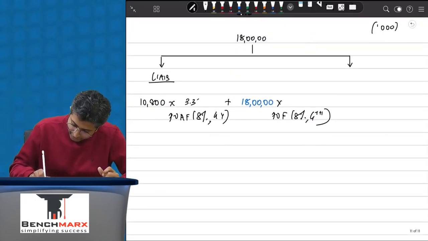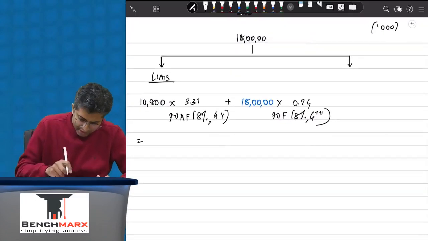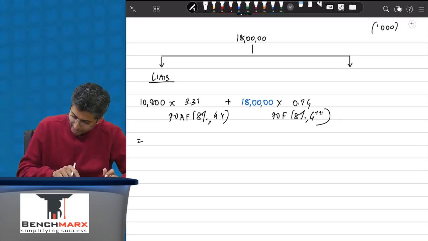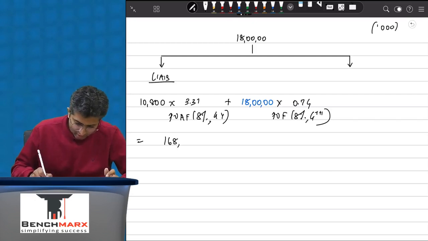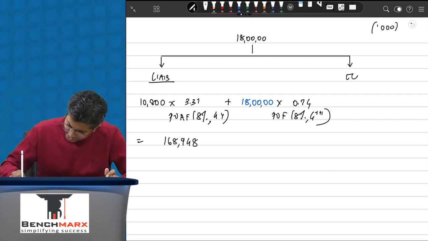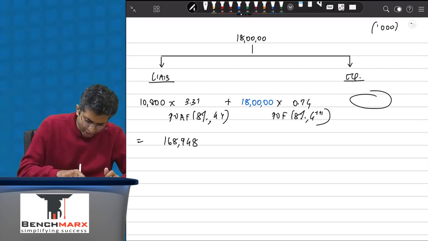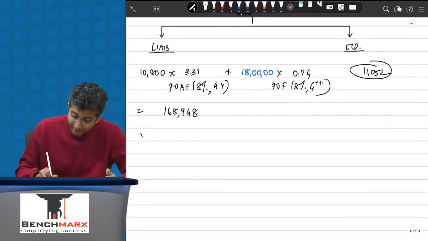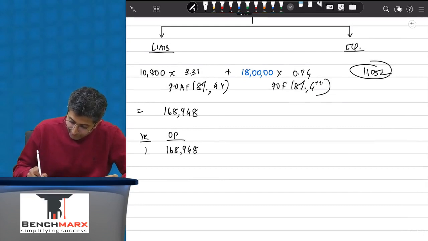So this is 10,800 into 3.31 plus 1,80,000 into 0.74, and you have 1,68,948, which means just for academic completion, the remainder will be the equity component, which is 11,052. Sir, why are we doing this? So that we can find the interest. The interest will be based on the liability component, that is 168,948, and your effective interest rate is at the rate of 8%.